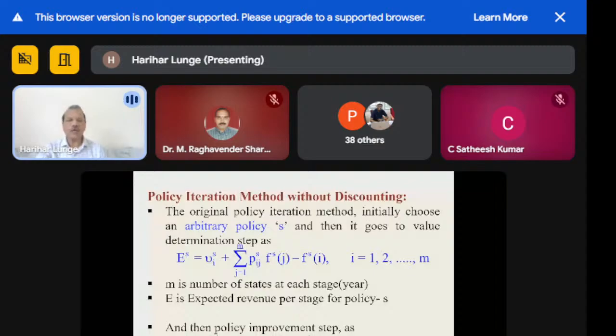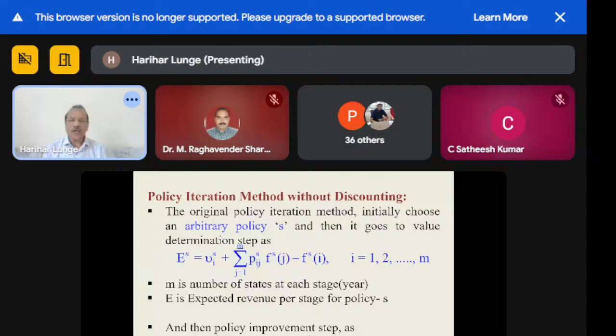Here is the original policy iteration method without discounting. There are two types of policy iteration method, with discounting and without discounting, and here I consider the case without a discounting factor. The original policy iteration, given by Howard, has as its very first step to choose the policy arbitrarily.